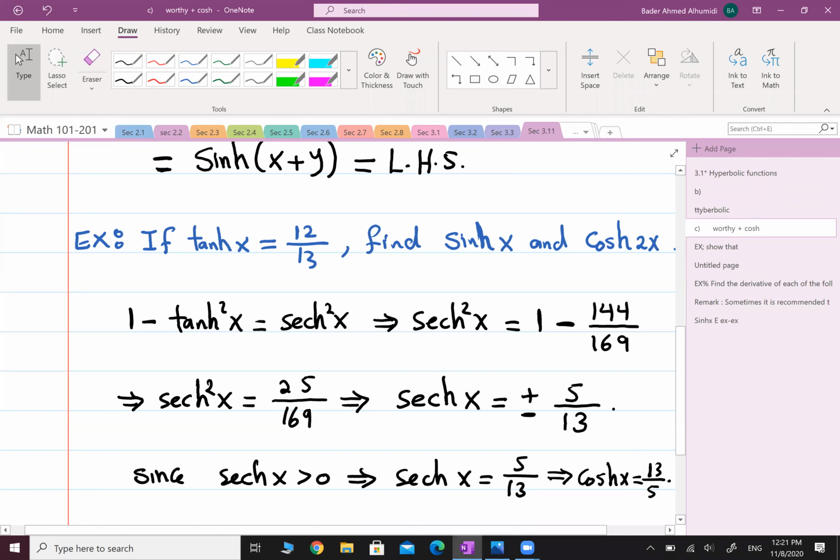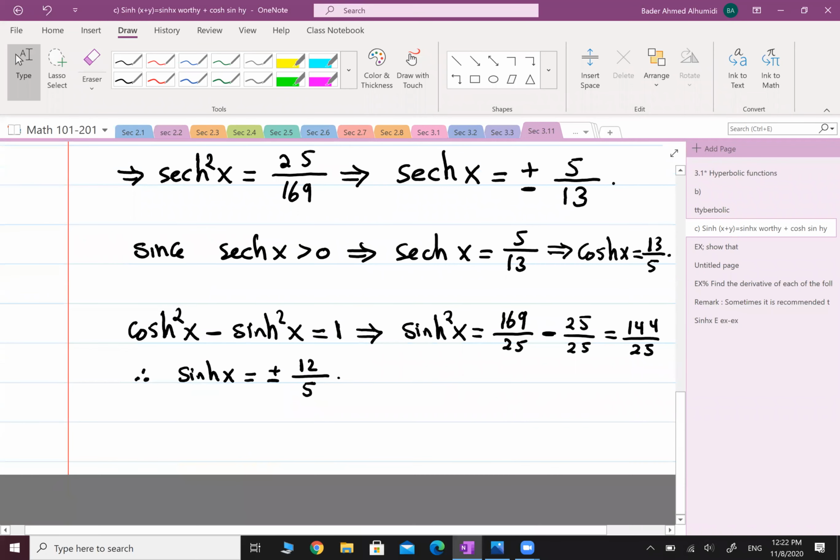As soon as the hyperbolic tangent is positive, the hyperbolic sine must be positive, because hyperbolic tangent is hyperbolic sine over hyperbolic cosine, and the cosine is always positive. So whenever the tangent hyperbolic is positive, for sure the hyperbolic sine is positive. If the hyperbolic tangent is negative, then I need to choose the hyperbolic sine as negative. So I will write it for you here.